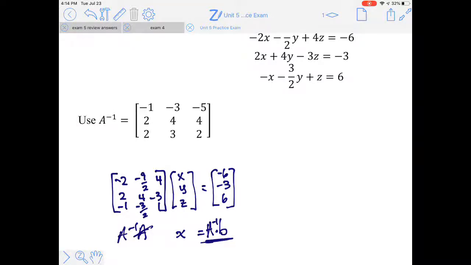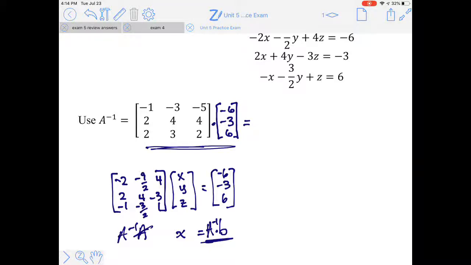So this is what we're trying to find, that inverse matrix multiplied by -6, -3, 6.